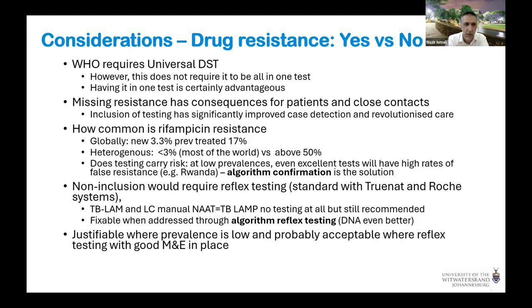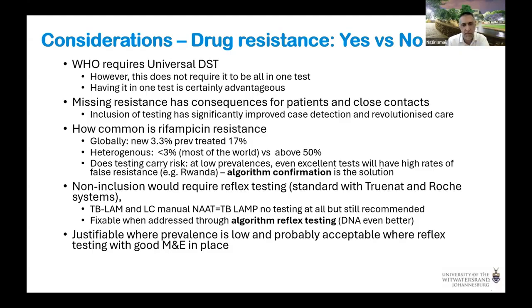And essentially, in those kinds of circumstances, an algorithmic confirmation for a positive that comes up could be reconfirmed. So there are solutions on how you can deal with those through an algorithm rather than necessarily through a test solution. The second is the non-inclusion.